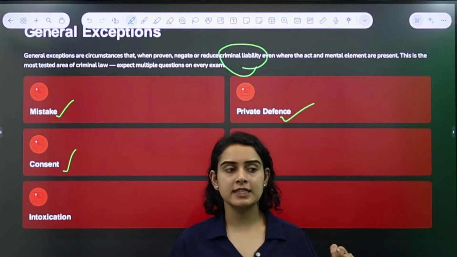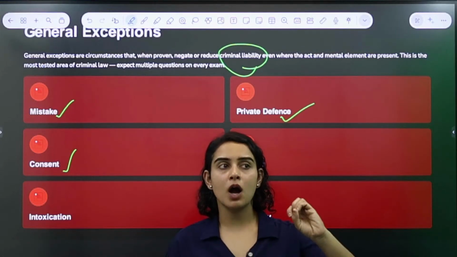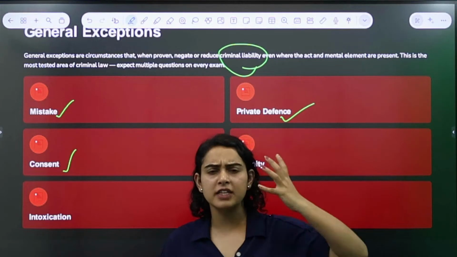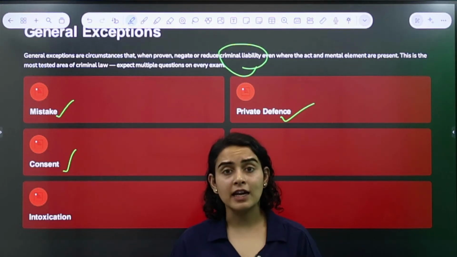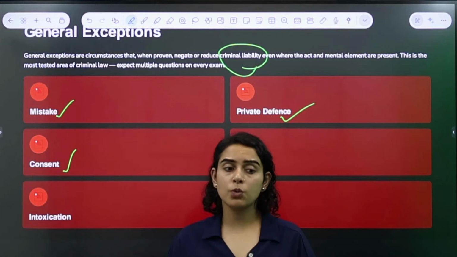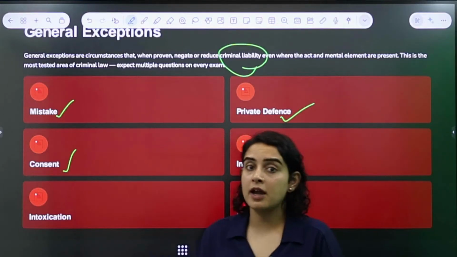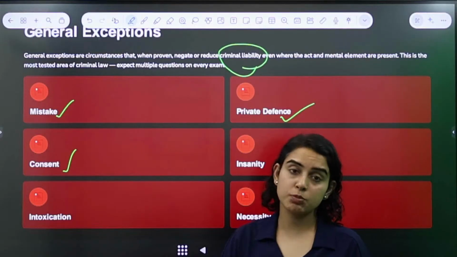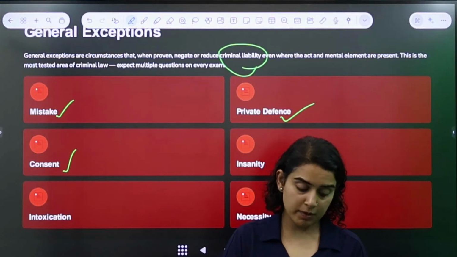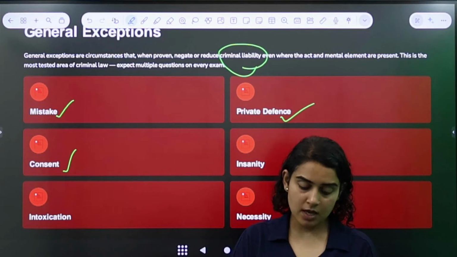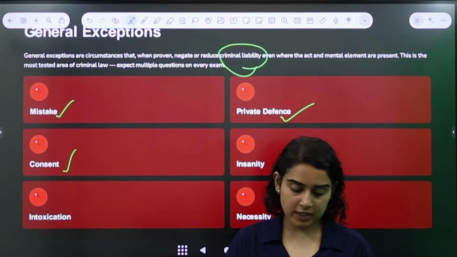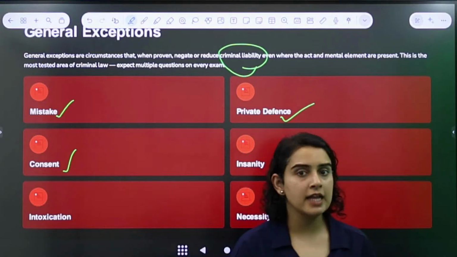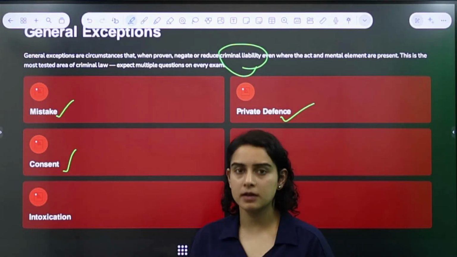And now accidentally your opponent hurts you in a way that you get really serious injuries. In that case, can you say that, okay, I have been hurt really badly and this person should be behind bars? No, there will be no criminal liability. Why? Because boxing as a sport is really aggressive and violent as well, and there are chances of you being hurt, right?